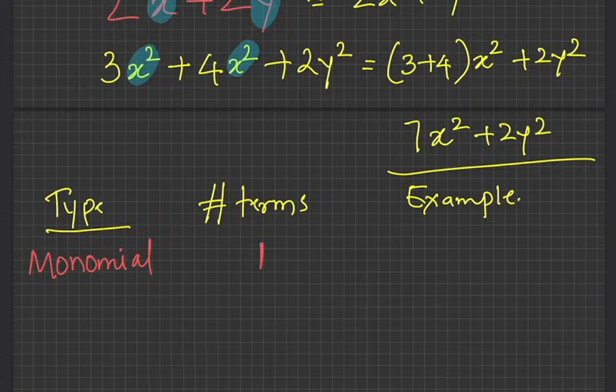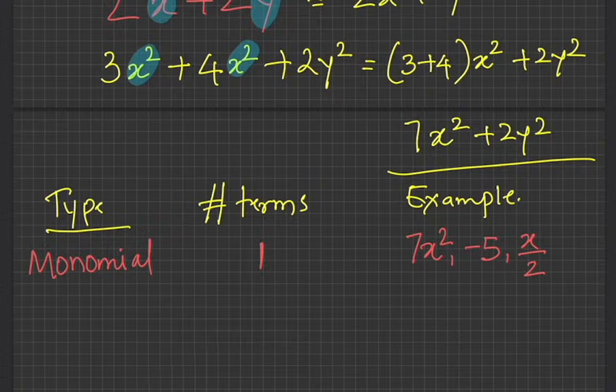Some examples for that: let's take 7x squared, right? Minus 5 is another example, and x by 2 is one example. This is the first one.